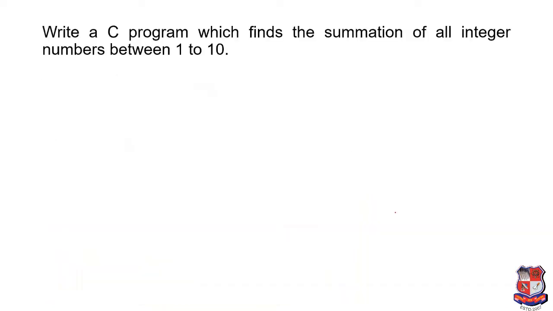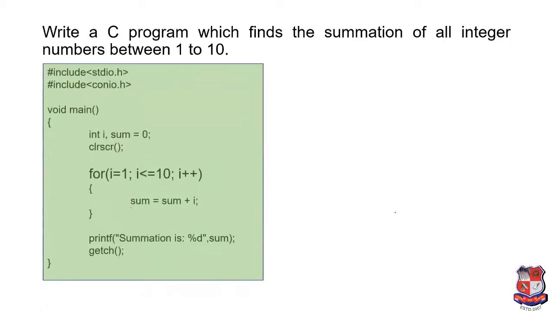Okay, now we'll see one example. That example is: write a C program which finds the summation of all integer numbers between 1 to 10. This example we discussed in while and do while loop. What we have to do over here is the summation of all integer numbers, and we have a range between 1 to 10.